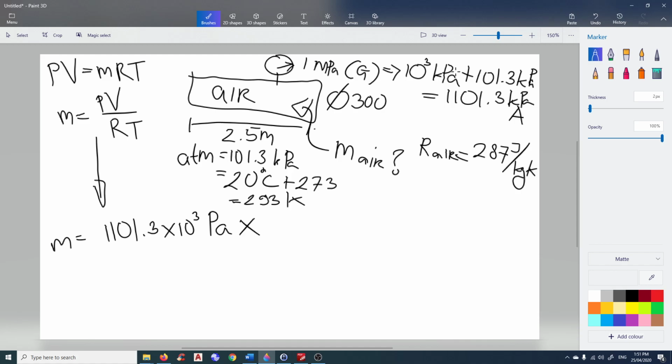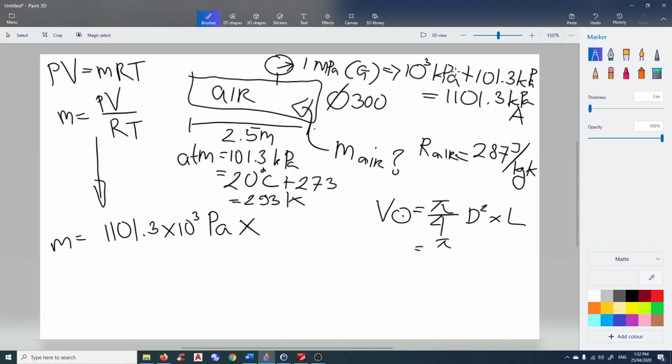So how do we calculate the volume of the air? Remember this formula of the circular or cylinder volume is not on your formula sheet. So to calculate the volume of the cylinder, which is my favorite, quarter pi d square multiplied by the length of the cylinder.